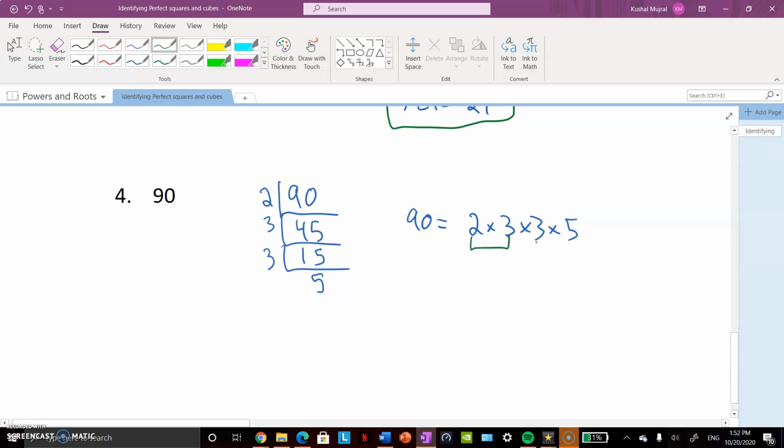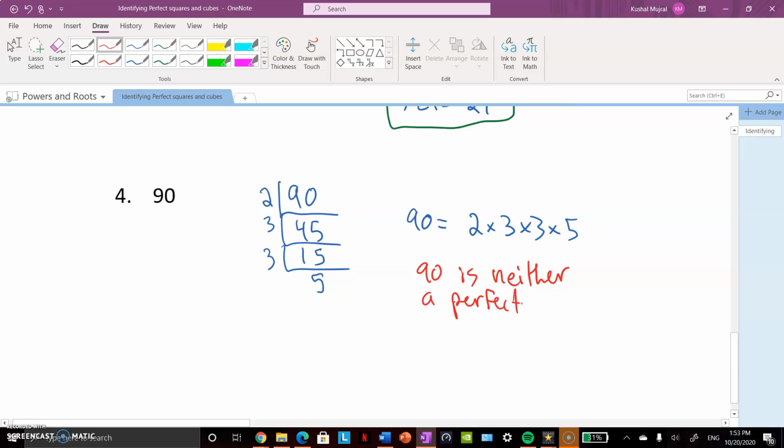Let's see. 2 times 3, 3 times 5. No, that doesn't work because these are two different terms. 3 times 3 and 2 times 5, that's 9 times 10. That doesn't work either.